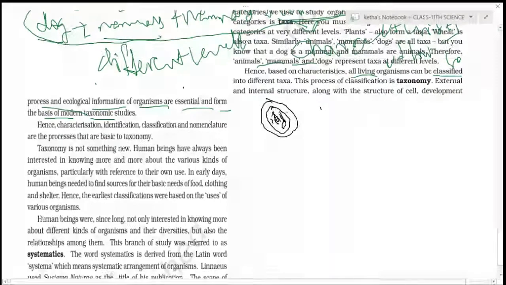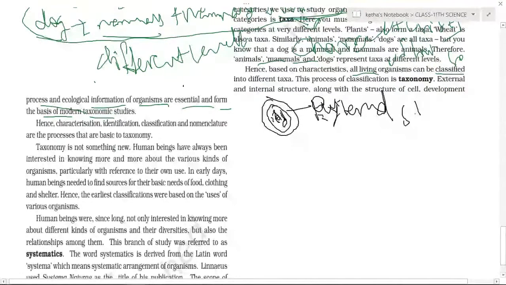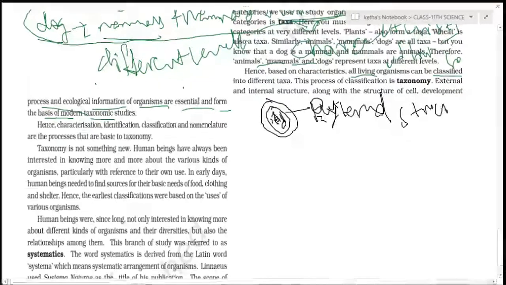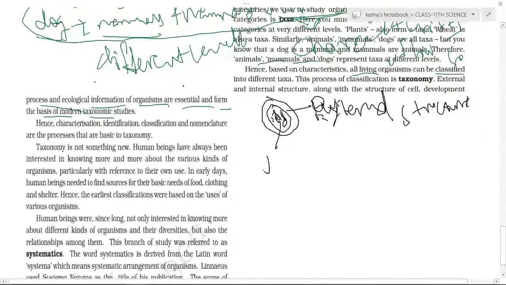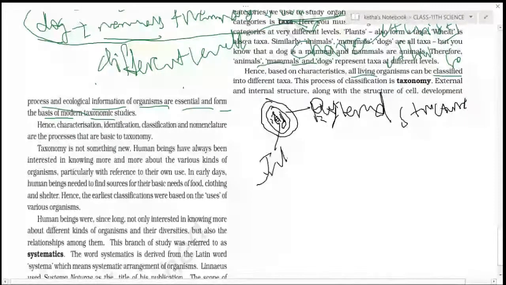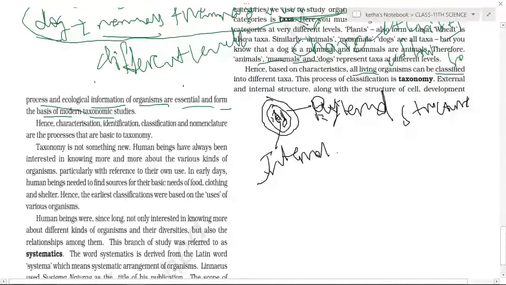This is the external structure of a cell, and this is the internal structure. We can observe it clearly in a cell.